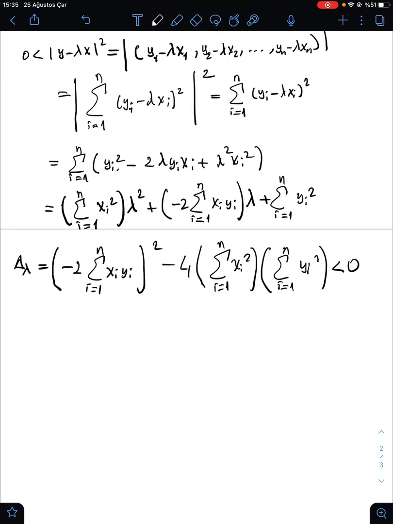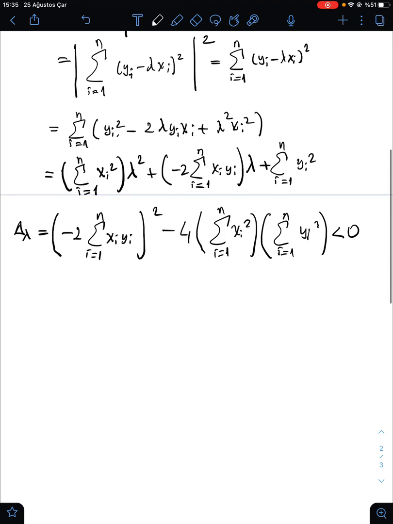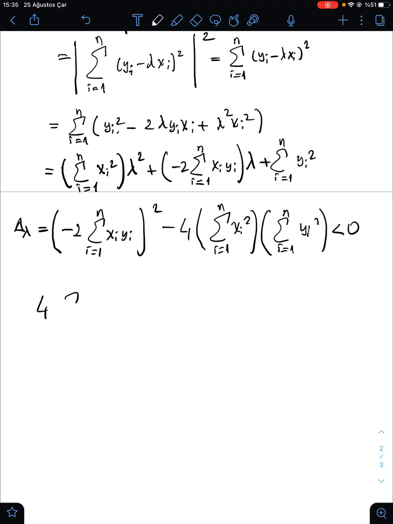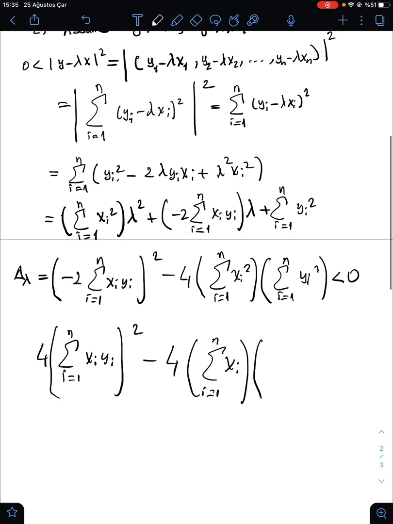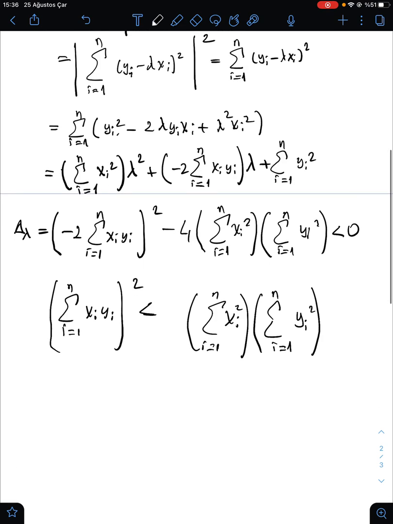If we write this equation in a clearer way, we are getting to the desired inequality here in discriminant form, which is less than 0, and we can reduce these fours.